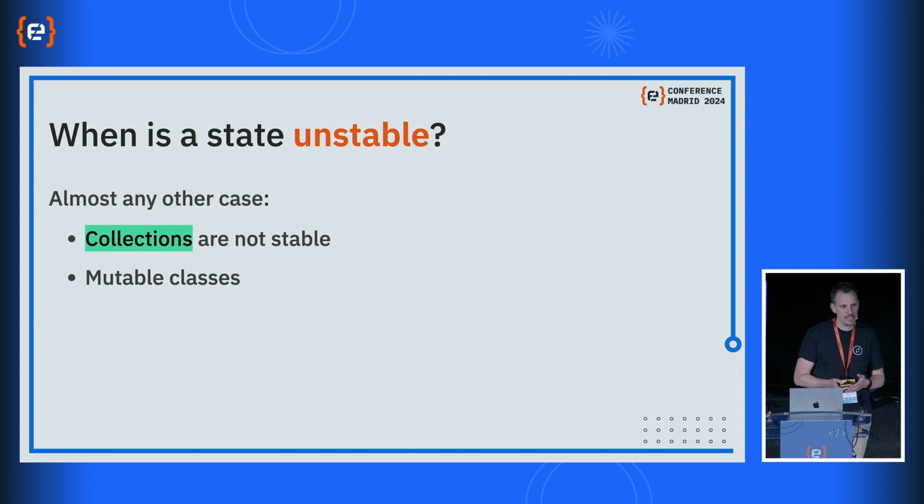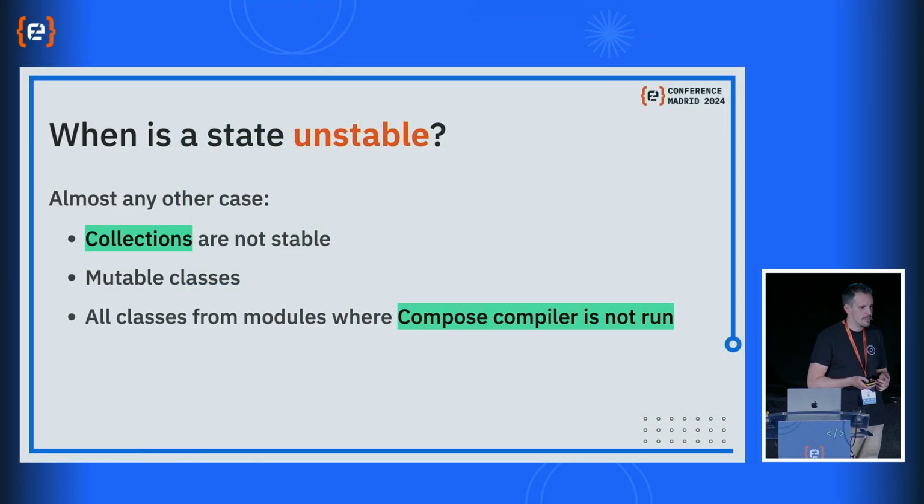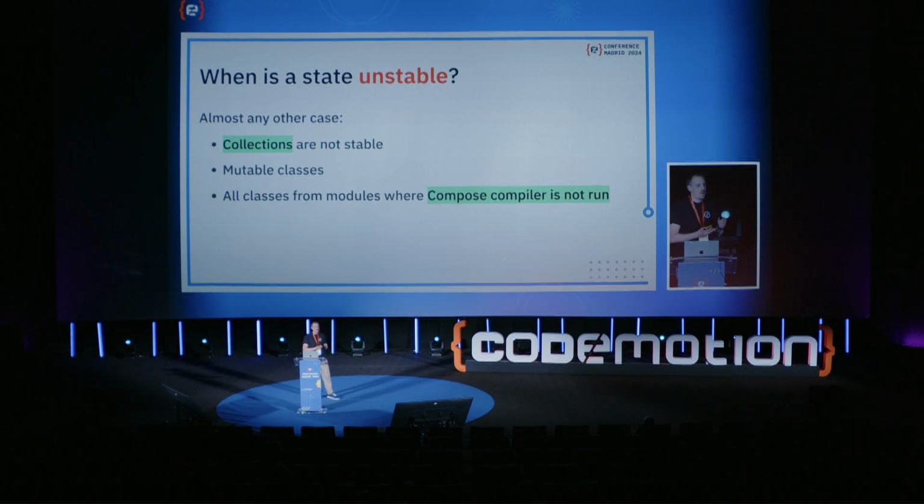Also, mutable classes. If in the previous example we had a class with a var instead of val, that class will not be considered stable, and again, the composable that uses it cannot be skippable. And this is important and probably a pain point for many of you. All classes from modules where the Compose compiler is not run are also unstable.